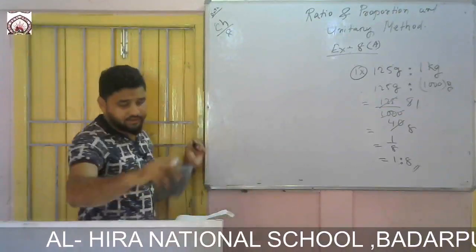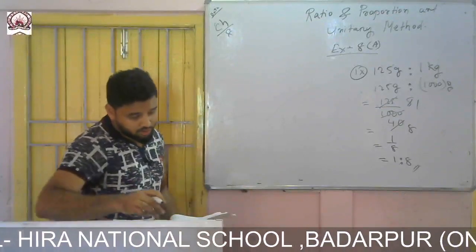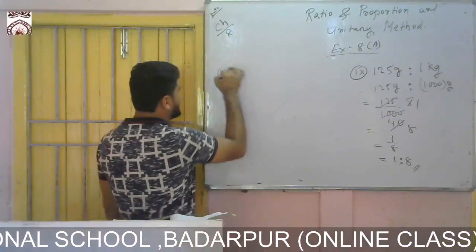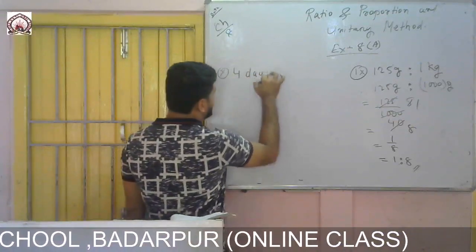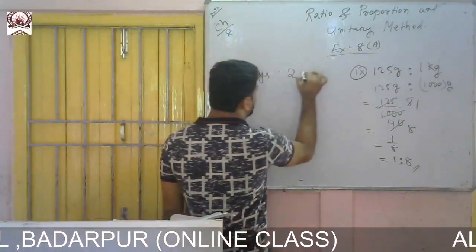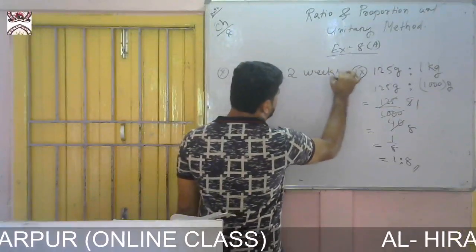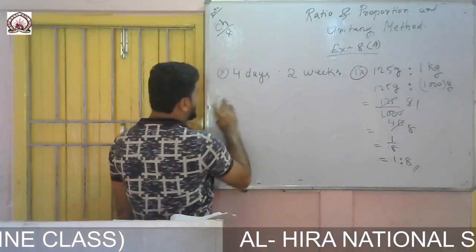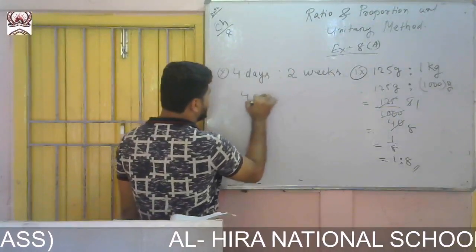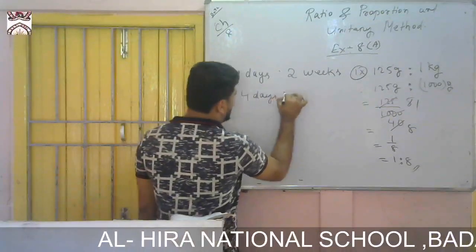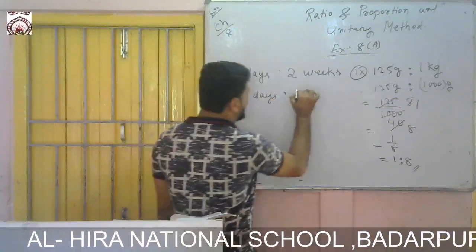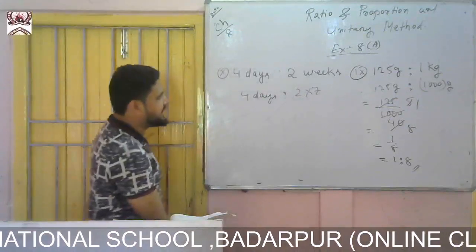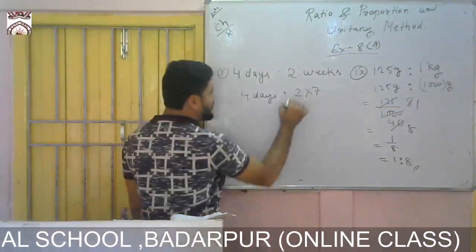So question number 10, given 4 days is to 2 weeks. I need to convert 2 weeks into days, since 7 days make 1 week, so 2 into 7.